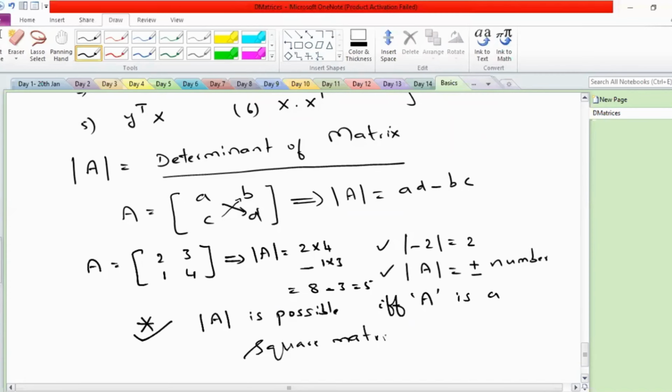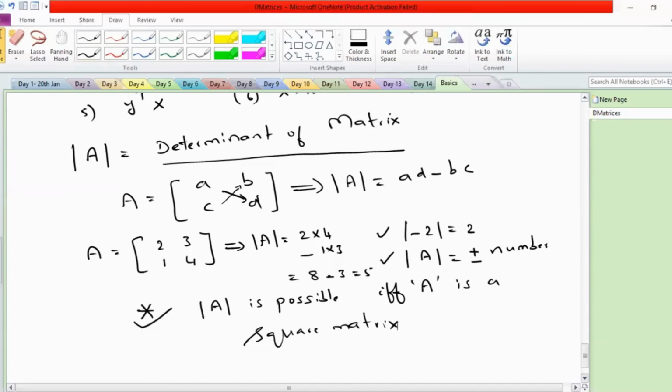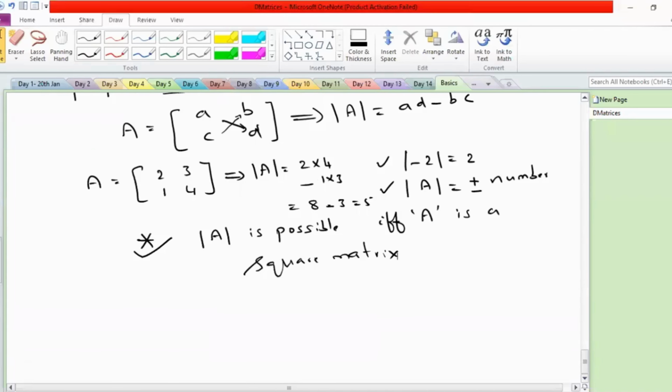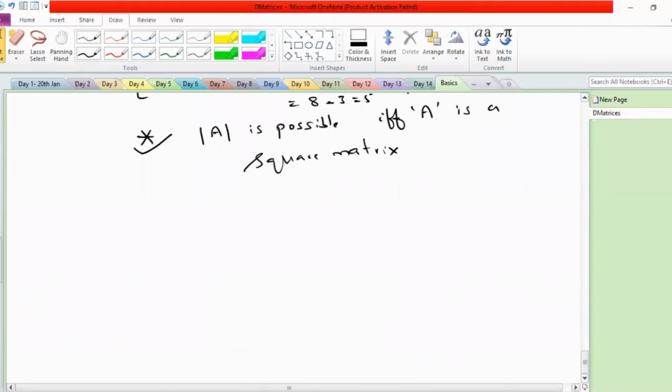If it is not a square matrix, then you cannot calculate determinant. Please remember. Moving on, there is another matrix called singular matrix.